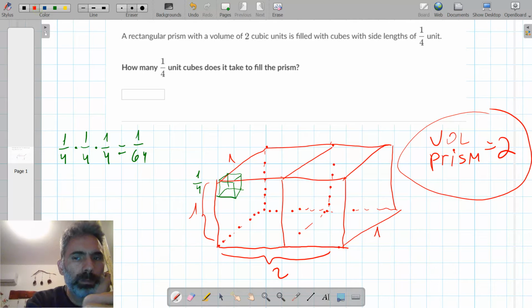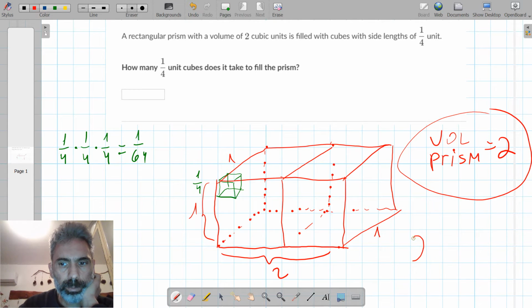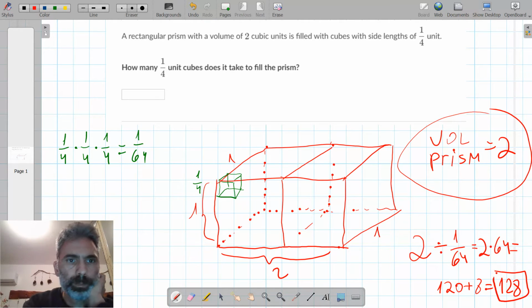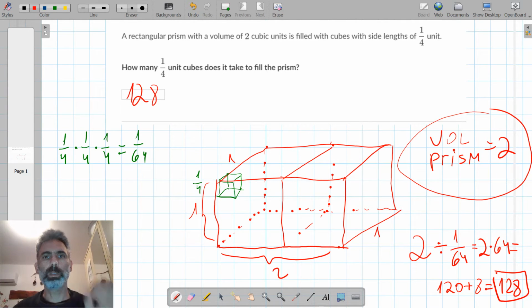And now we divide the volume of the entire prism, which is 2, by 1/64, which is the same thing as multiplying 2 by 64. 2 times 60 is 120, and 2 times 4 is 8, so the answer is 128. We need 128 cubes with a side length of 1/4 unit to fill the prism.